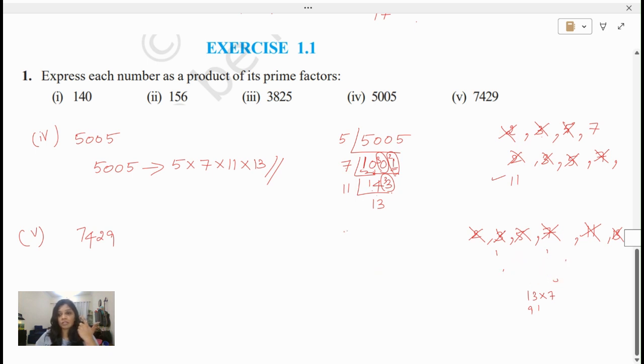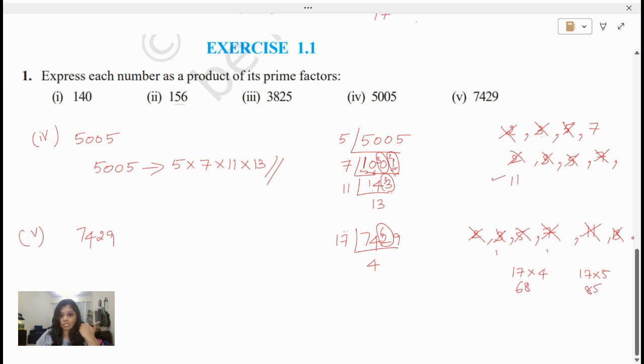Okay, let me try for 17. The next prime number is 17. So let us see whether it is divisible by 17. 17 times 4 is going to be 68. What is 17 times 5? It is 85, right? So it is more, so I have to go only 4 times. So the remainder will be 6, right? So it becomes 62.